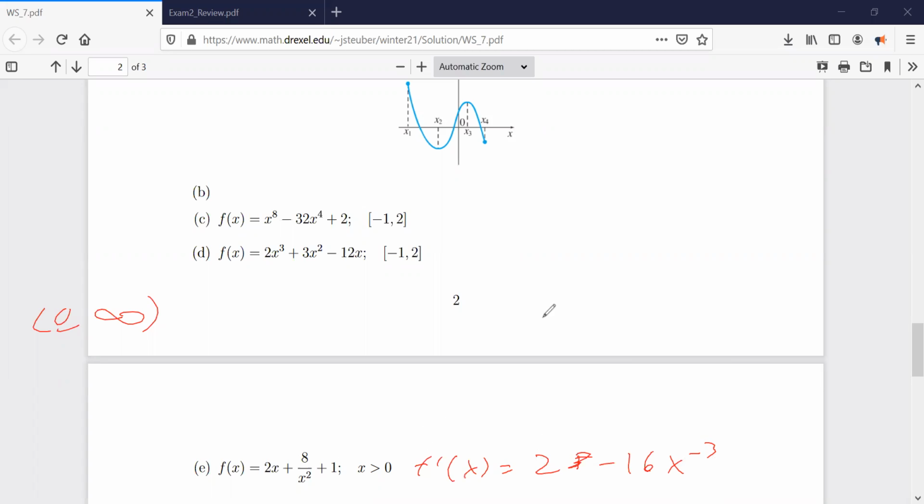So if I rearrange this, I want to set this equal to 0, right? And I get 2x cubed is equal to 16. Then I divide both sides and factor, and I get x is equal to 2. So this is my only potential critical point.